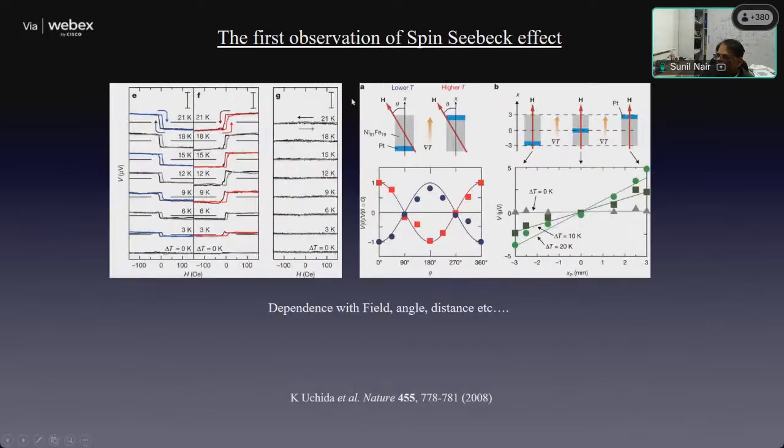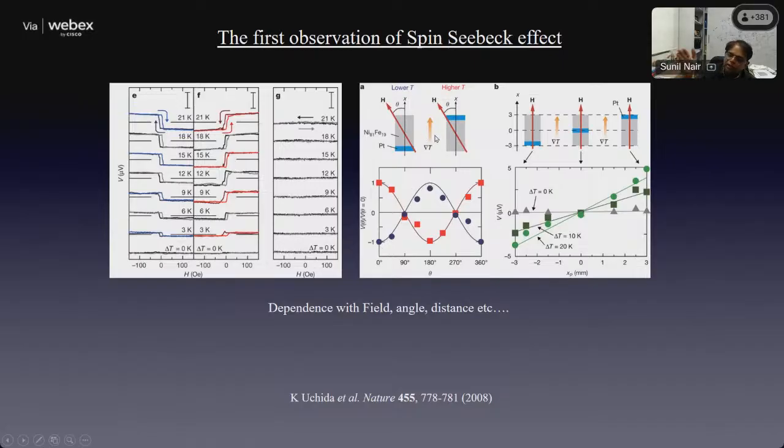Now, they then followed it up with a number of interesting measurements to verify it. Look, this is basically the coercivity of the magnet. I'm not sure how many of you are very aware of magnetism, but hysteresis is something which you all would have heard of. The spin Seebeck effect has a particular dependence on the magnetic field.